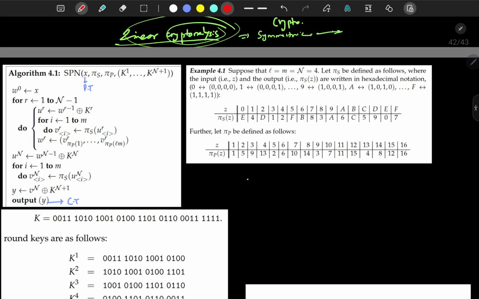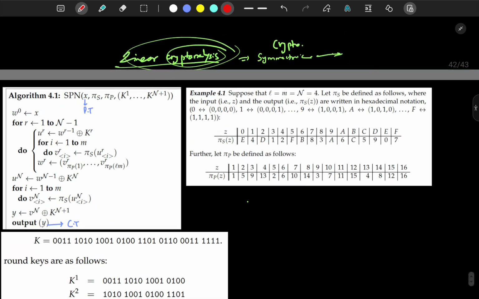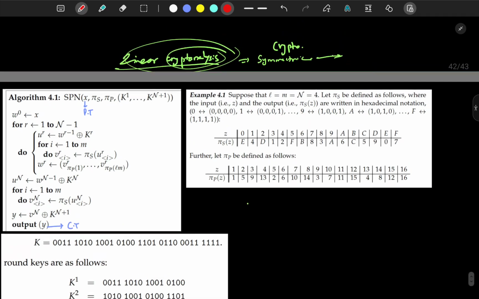Cryptanalysis means breaking or analyzing the codes to uncover the hidden information. That is the normal definition. Basically, breaking the codes, that's a simple formula. Today we will see one symmetric cipher called SPN.